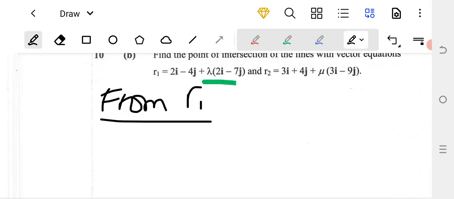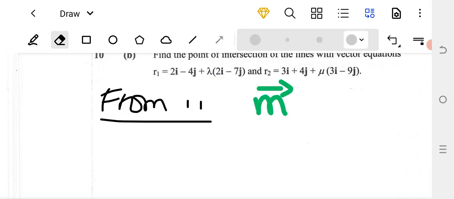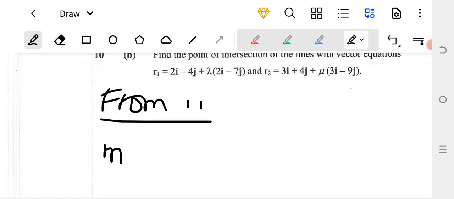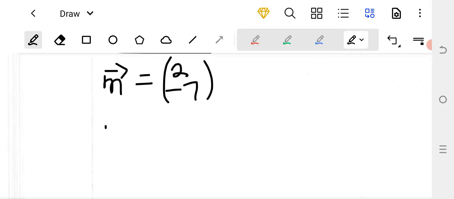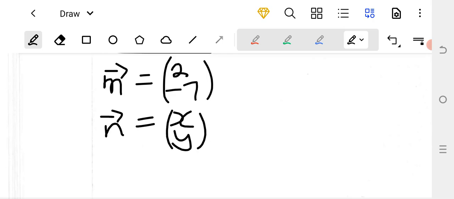So from R1, let me clean up. I don't know why things are coming back. Okay, from R1, m is equal to (2, negative 7). And then our vector n we don't know, so we'll say it's equal to (x, y).